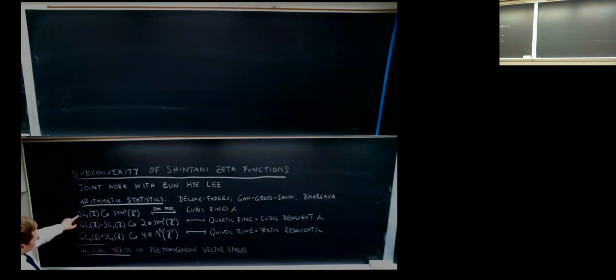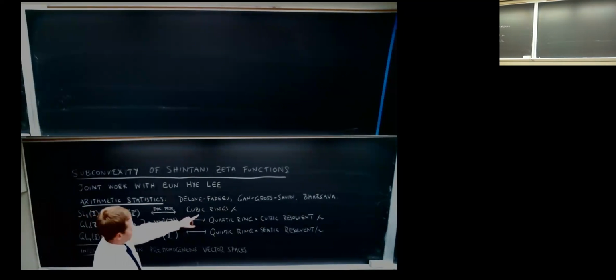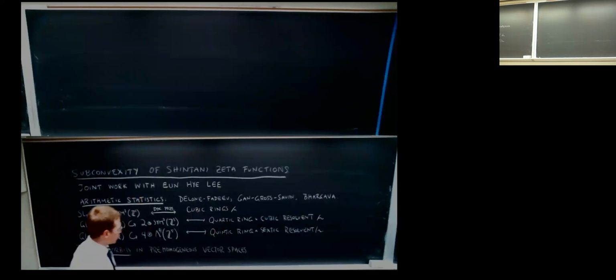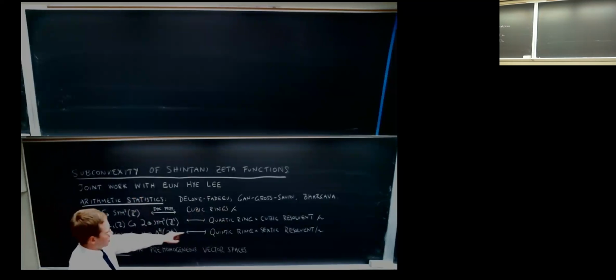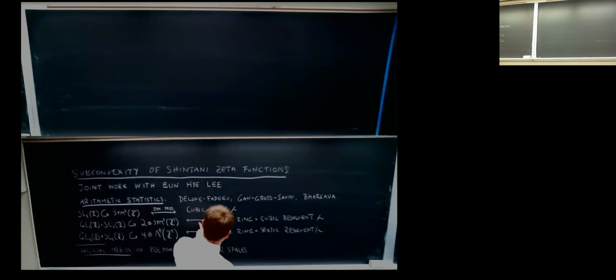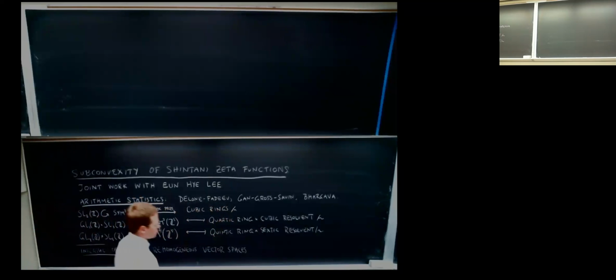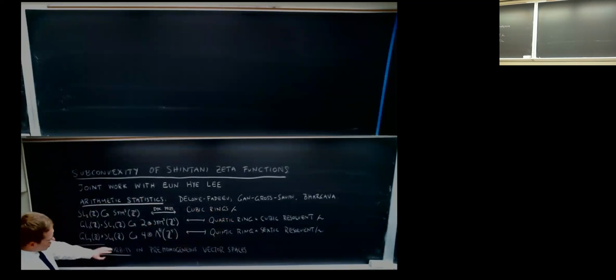SL2(Z) acting on binary cubic forms, a classical result going back to Delone-Faddeev, is in bijection with cubic rings up to isomorphism. Then Bhargava proved that orbits of pairs of ternary quadratic forms are in correspondence, discriminant preserving, with quartic rings and cubic resolvents up to isomorphism.